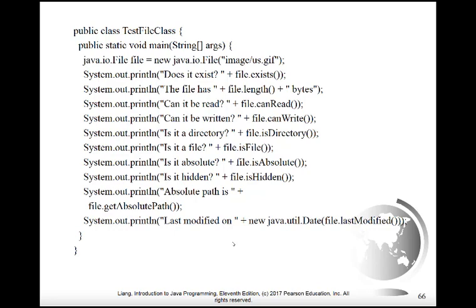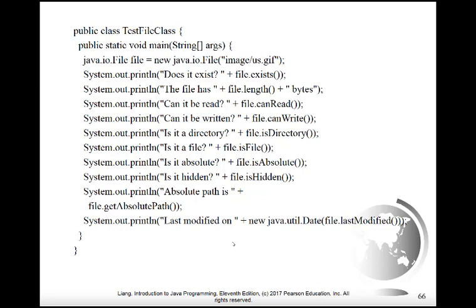You'll recognize the extension as a graphical image, and you'll know that it should be a file, but nothing prevents us from creating a folder that happens to have that name, even including the extension. So for all we know, we could be looking at a folder called image and subordinate to that another folder called us.gif. We'll find out that that's not the case. We can tell by some of the System.out print lines that appear below, but we'll talk about that when we get to it. So let's now go through those lines and see what happens.